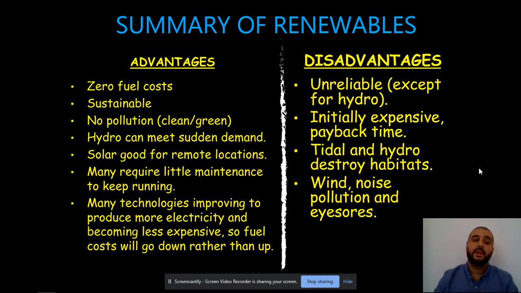And although we're not covering solar in this particular lesson, it says here that solar is good for remote locations. I watched, I think it was an ASAP Science video, that said that a solar field the size of Greater London actually has the ability to power the entire globe for a week.